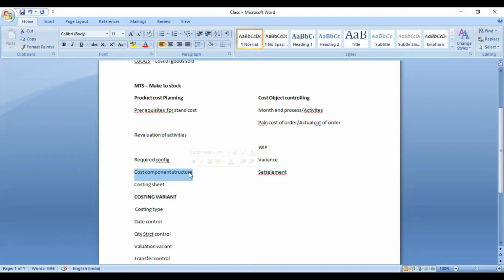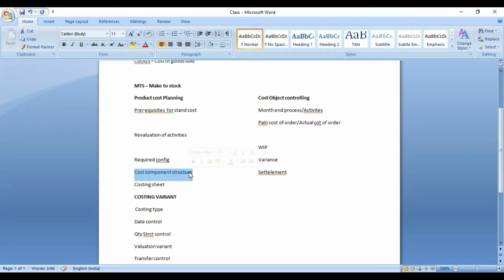In the product costing, the cost components are created and made into a structure. That means what types of materials we are using: raw material, finished good, semi-finished good, scrap material, or any semi-engineering product, or whatever materials are required in the manufacturing process, we need to club them.